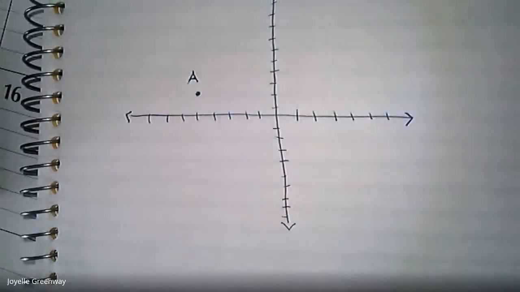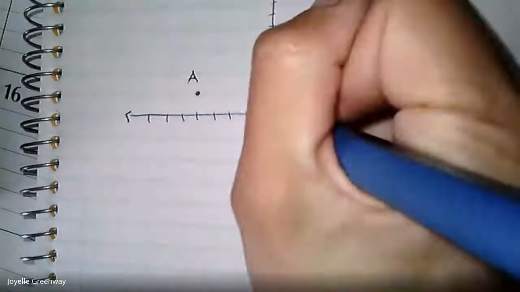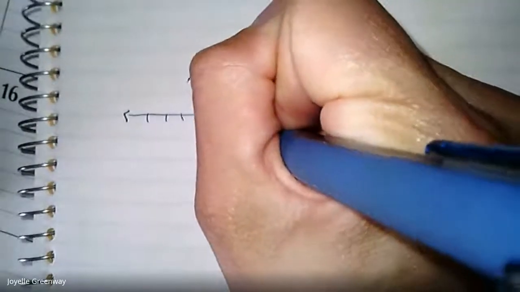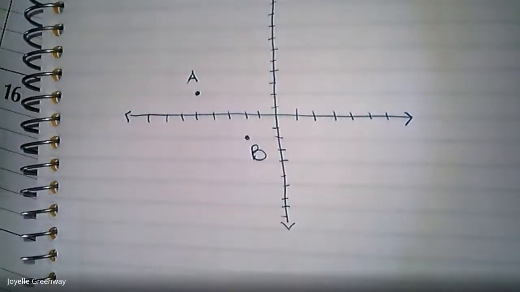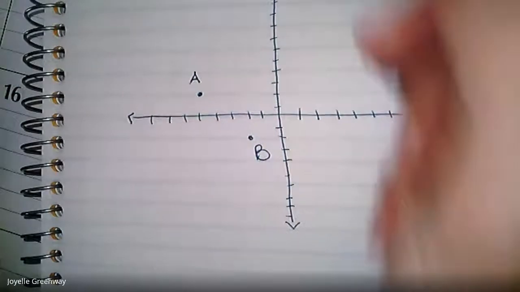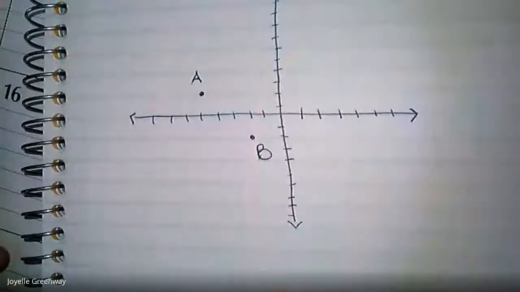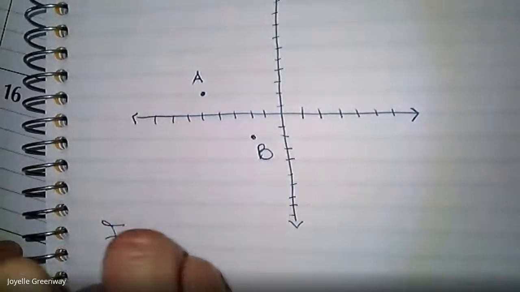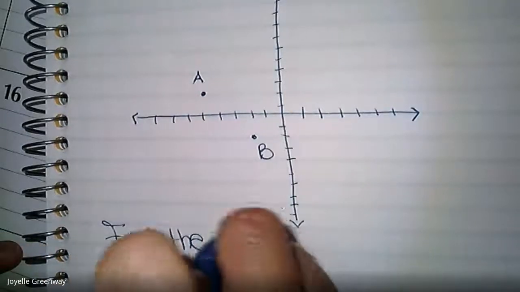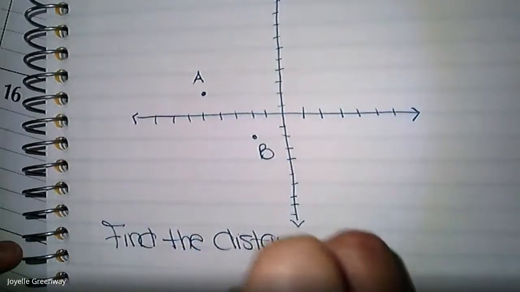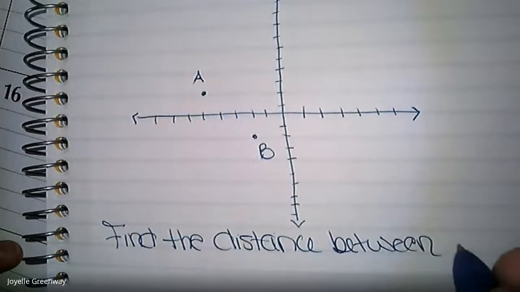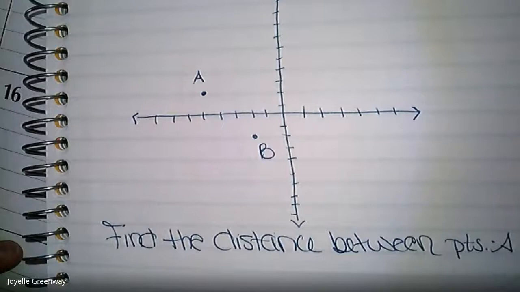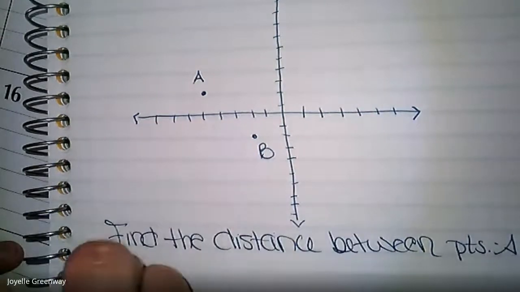That's point A. And then point B is going to be at -2, -2. And there's B. And we want to find the distance between points A and B.